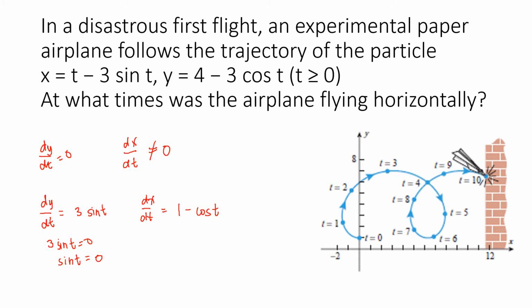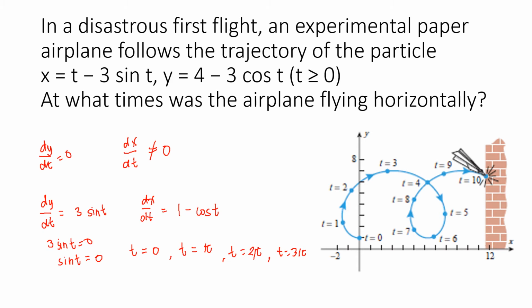So t is equal to 0, t is equal to pi, t is equal to 2 pi, and t is equal to 3 pi. And dx over dt, which is 1 minus cosine t, is not equal to 0 for these values of t.